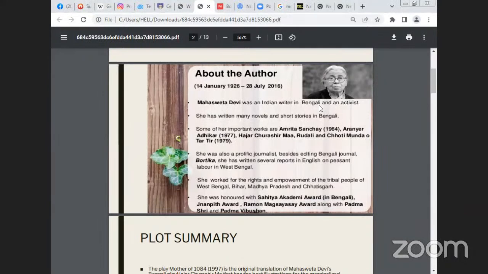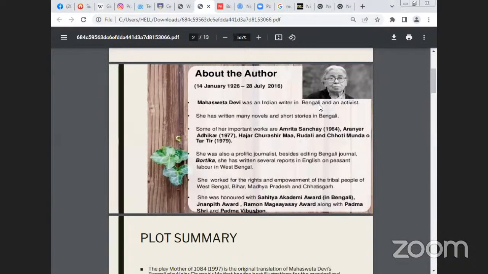We are studying mainstream history: which king did what, what he built, where he built, and how he fought. These things we studied in history. But we missed many people in making that history. These people were women, lower caste people, downtrodden people, and tribal people.